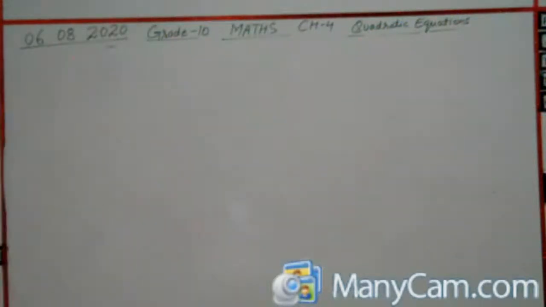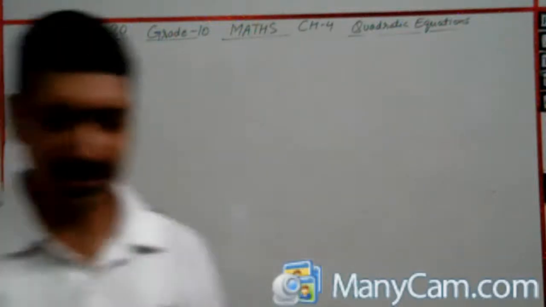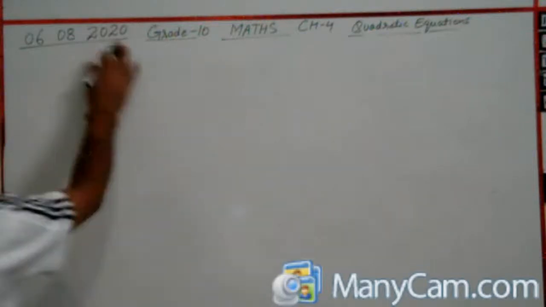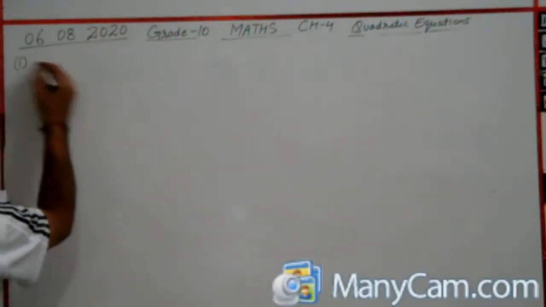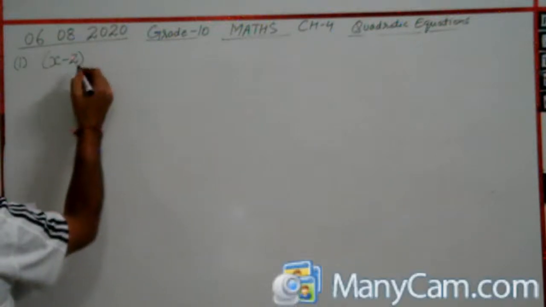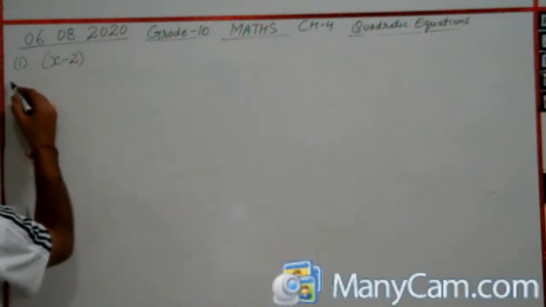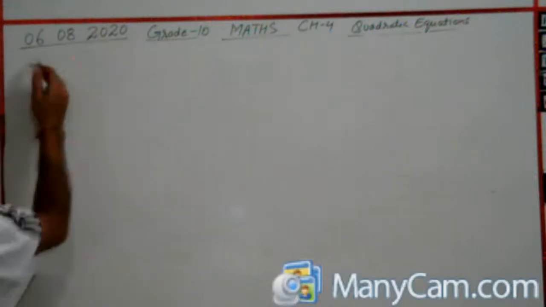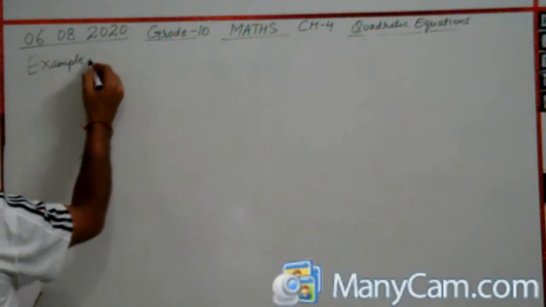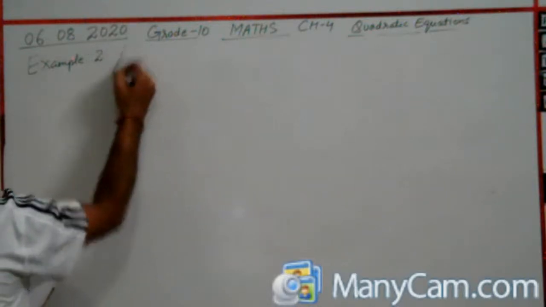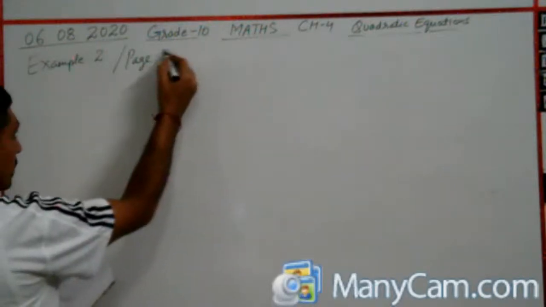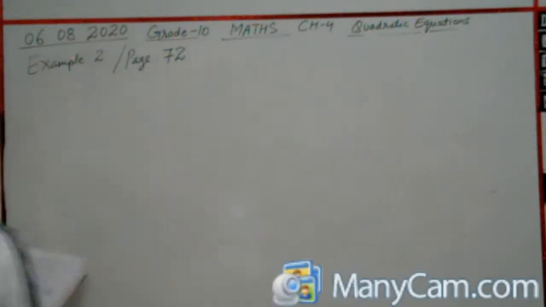So here, example number 2 is saying check whether the following are quadratic equations. This is example number 2, at page number 72.